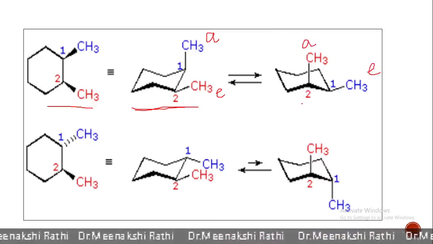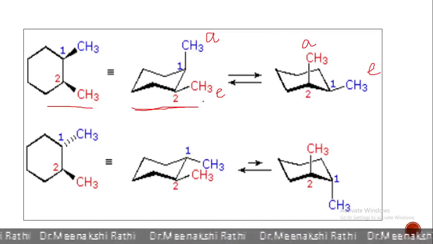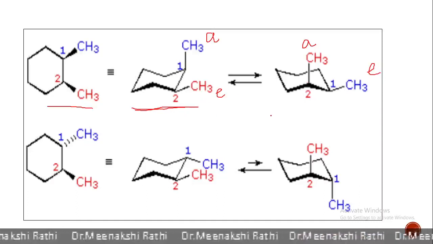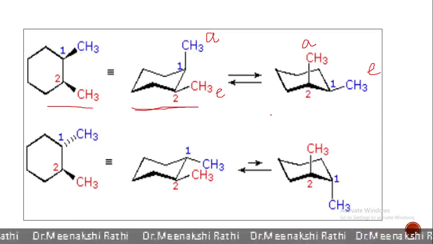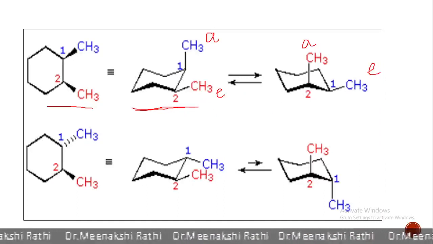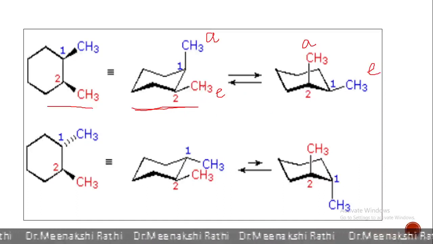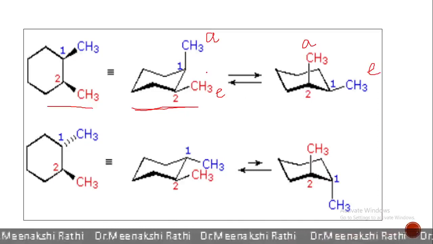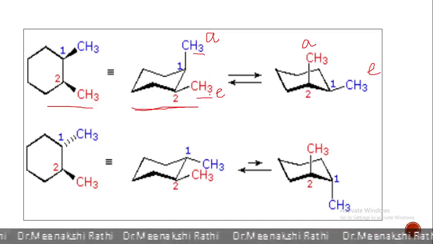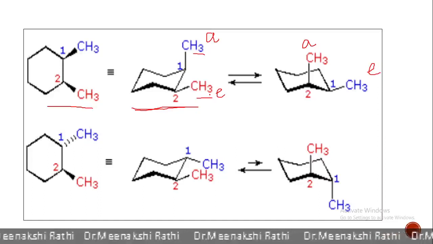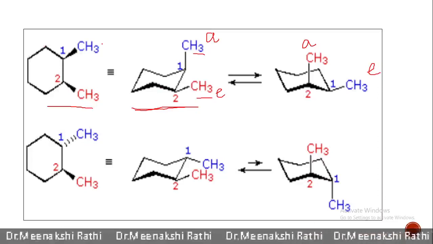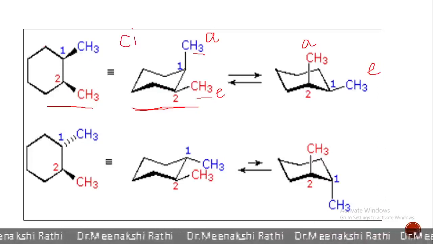These two are ring-flipped chair conformations. But in both cases, both the methyl groups are present on the same side of the plane, that is above the plane. This is the axial methyl group and this is equatorial, but both are on the same side of the plane, and such an isomer is known as the cis isomer.